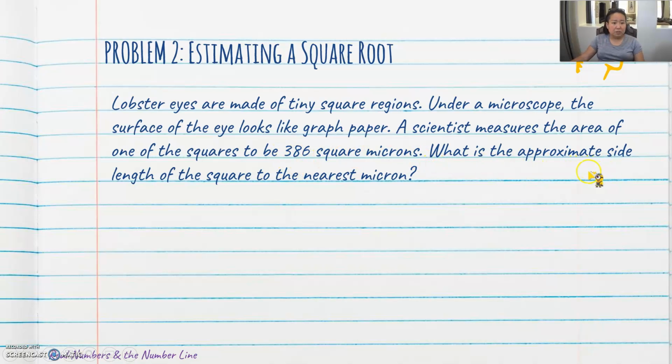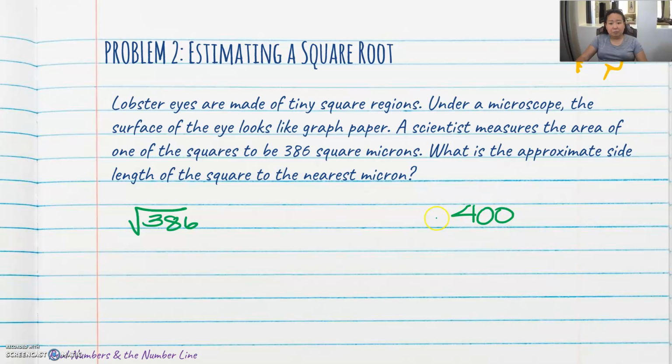What's the approximate side length of the square to the nearest micron? So we need to find an approximate value for the square root of 386. How much, or what perfect squares are very near to 386? The higher value that you can think of will be 400.